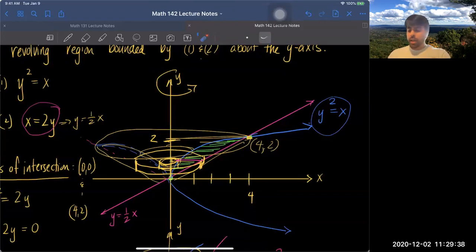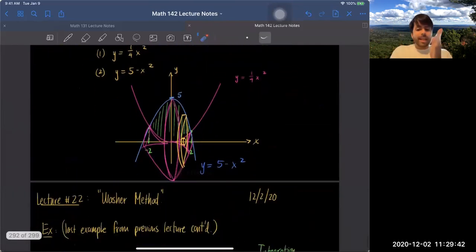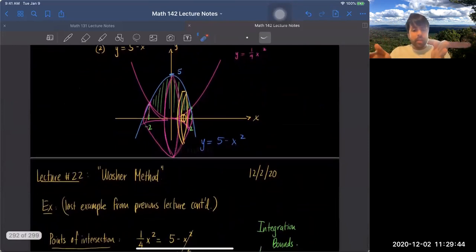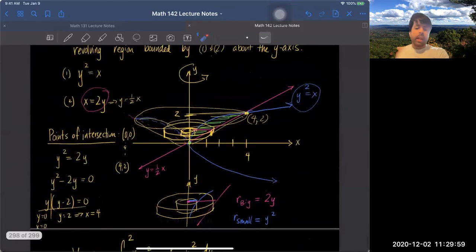Because in the other problem, my disks were being stacked horizontally, which means that the radii depend upon where that disk is stacked, what x value that disk is at. Do you understand? But now we don't care about the x value so much as the y values, because we're stacking them vertically upon one another.